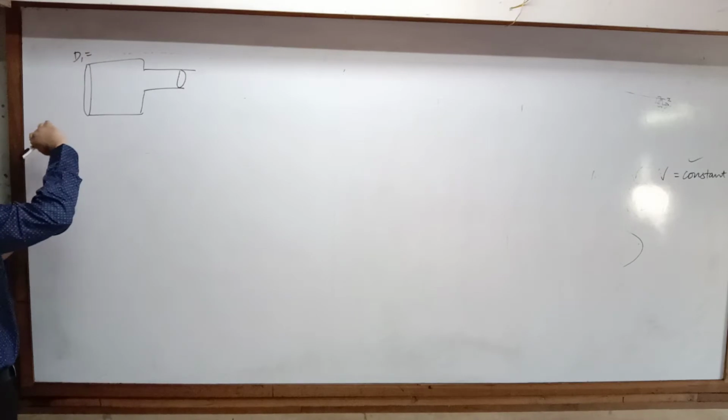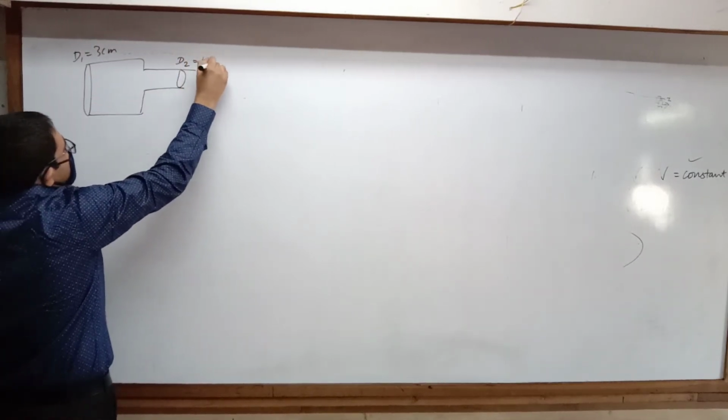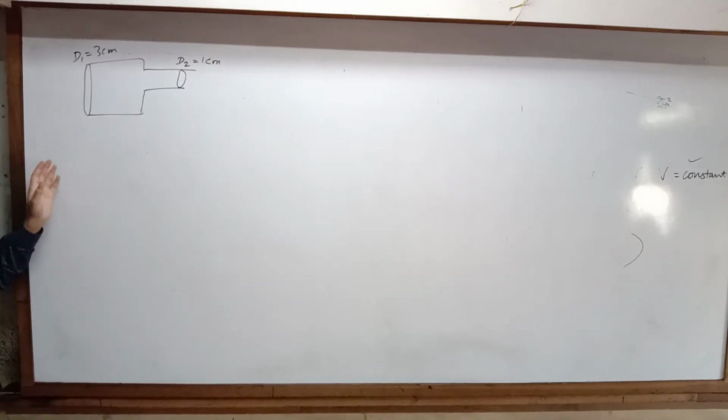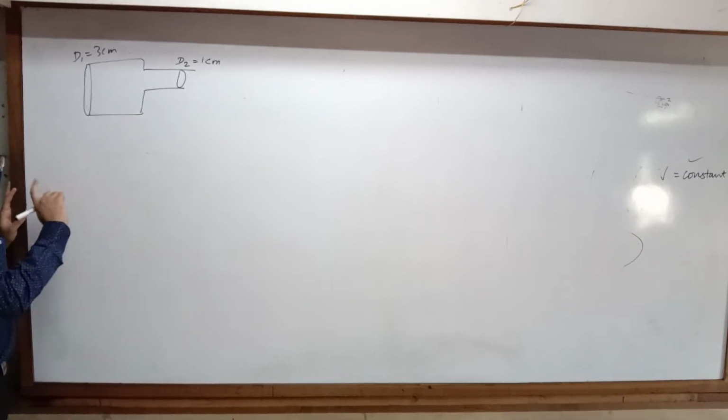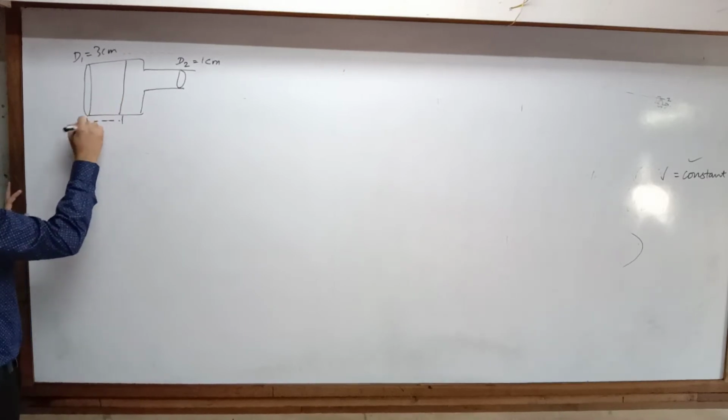D1, 3 centimeters. Okay. What's the smaller diameter? 1 centimeter. Okay. Now what's the question? If the smaller distance is 6 centimeters. All right. So let's say it comes till here. Smaller.